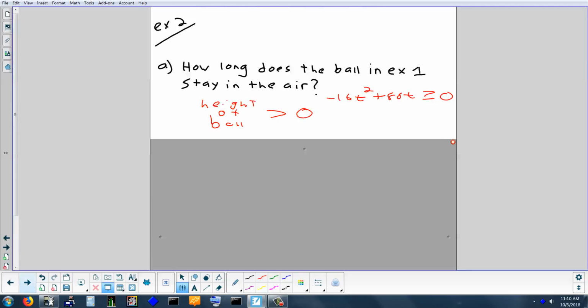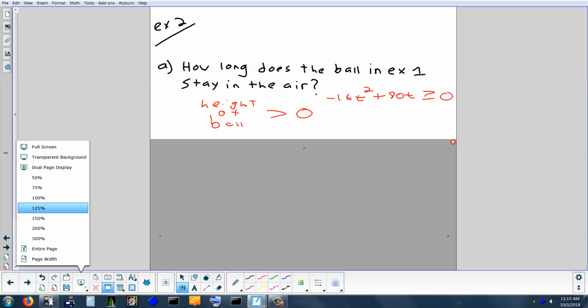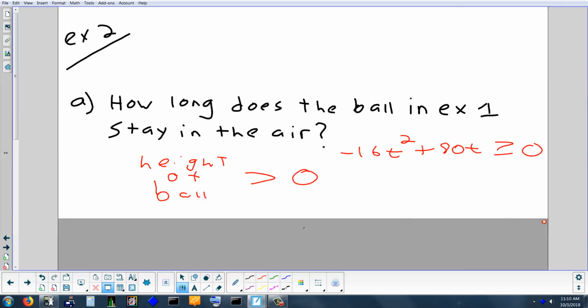All right. So the way we're going to have to solve that is if we look at the left-hand side, does anybody see a number that we could factor out of the negative 16 and the 80? A number that goes into both. 8, yep, even bigger. Yep. 16, yeah, we can factor out a 16. In fact, I'm going to factor out a negative 16. Doesn't really matter, but you'll see why in a second.